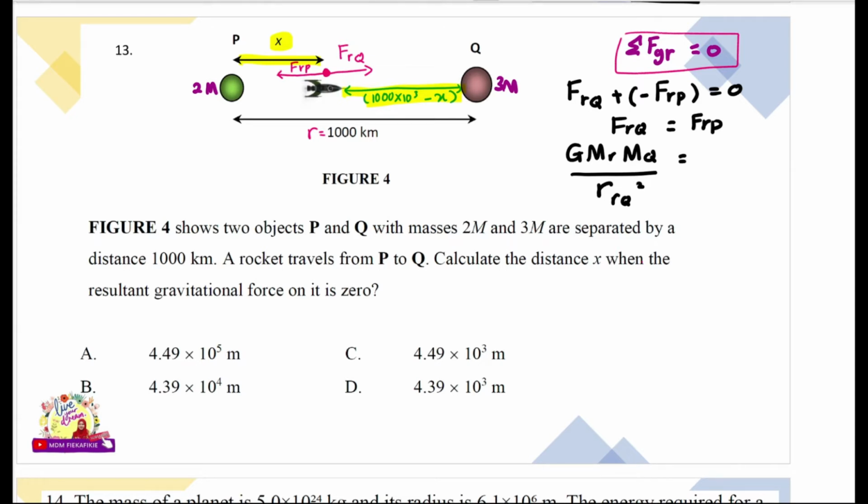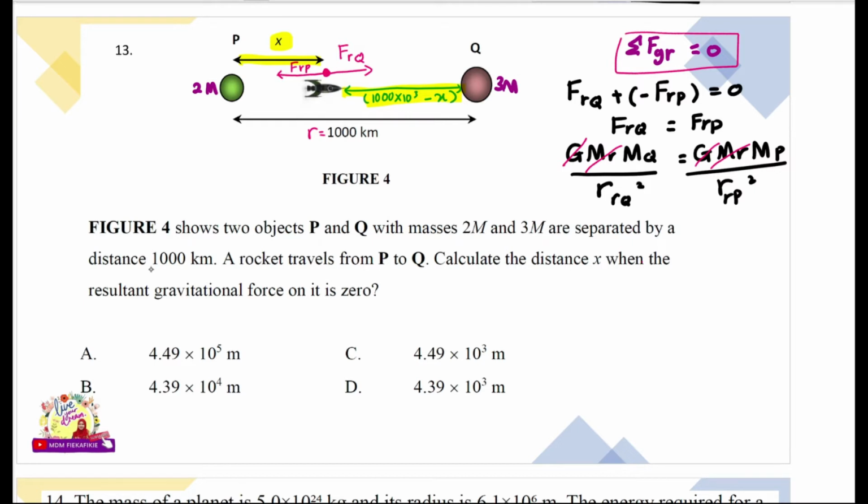Gravitational force between the rocket and object P, G, mass of the rocket times mass of P over the distance between P and the rocket, squared, don't forget. So what can you cancel? You can cancel G. The mass of the rocket is not given, but we can cancel out the mass of the rocket.